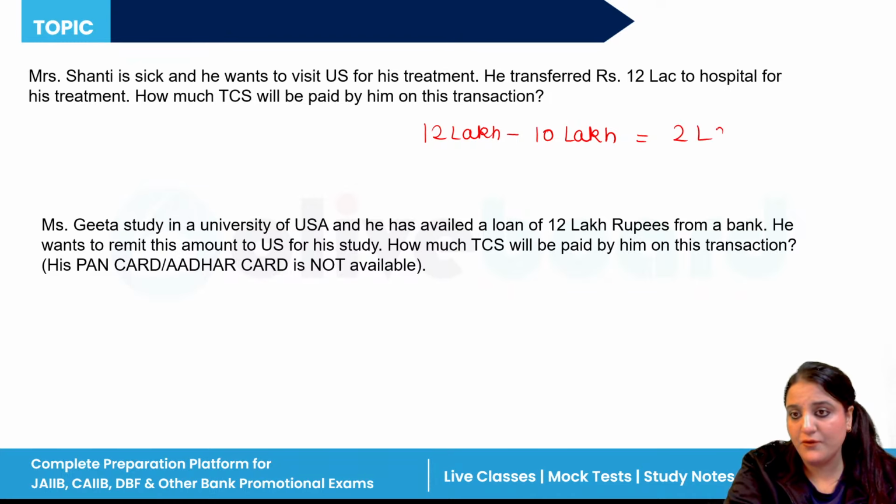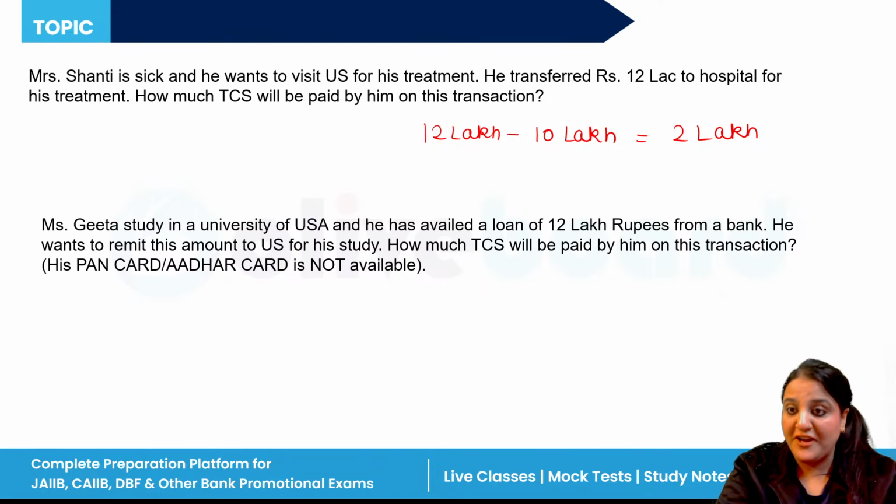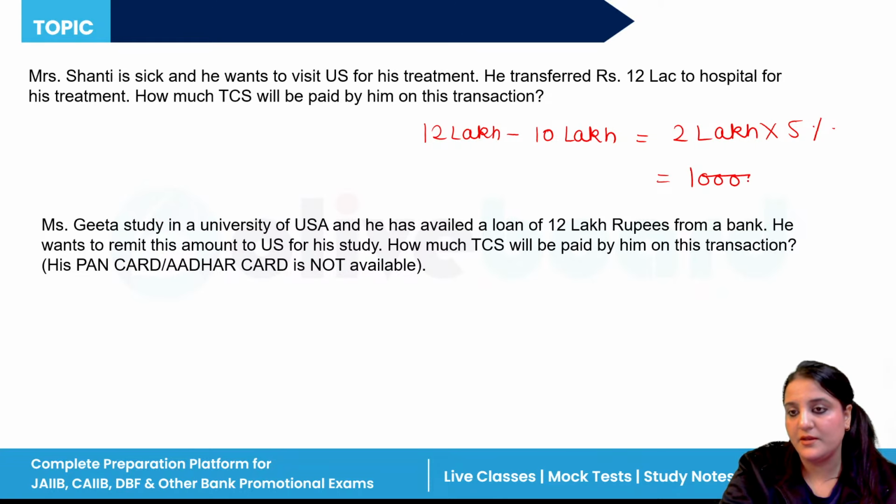What is the leftover amount? 2 lakh, right? And on that 2 lakh we have to apply 5%. And what is the 5% of 2 lakh? It is 10,000. So the answer is 10,000 here. Is that clear? The answer is 10,000 here.